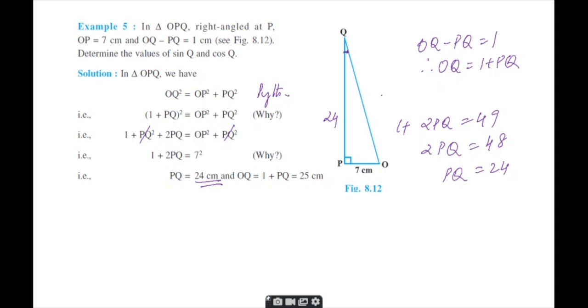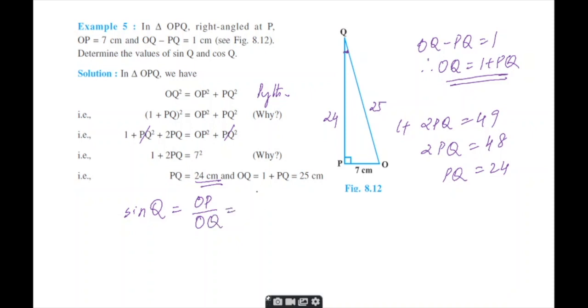Now OQ is equal to 1 plus PQ. So it is 25 centimeter. So we got all the three sides. Now we can find out sin Q and cos Q. Therefore sin Q is equal to, what is sin Q? Opposite side. What is opposite side? OP divided by hypotenuse, OQ.